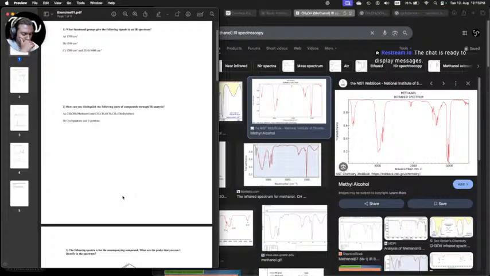Nitriles, C triple bond N, range from 2260 to 2220, 2200 to 2100. Alkene 1600. Imine.